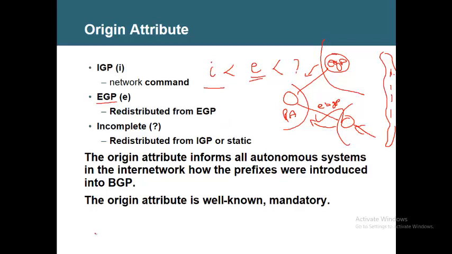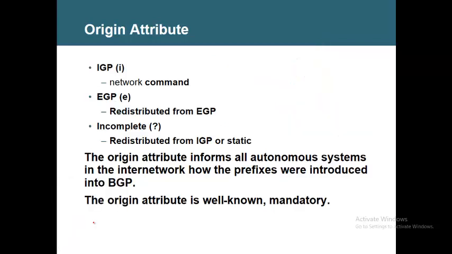And this attribute is advertised to everyone who is eligible to receive the update. Wherever this network is advertised, it will always be advertised with this attribute called origin. The other day I was telling you, in Houston, you use the network command and advertised.